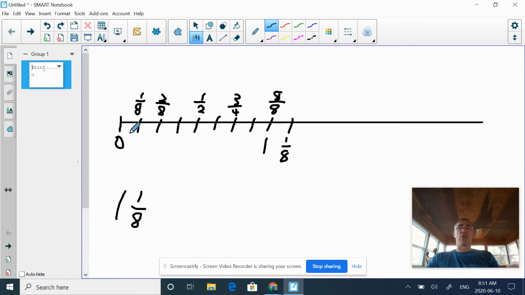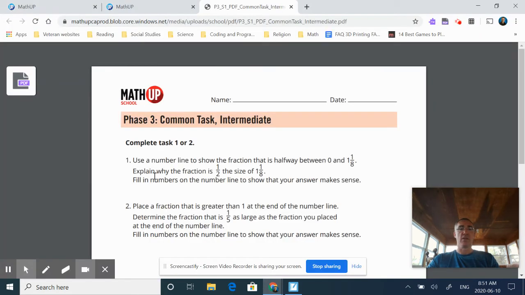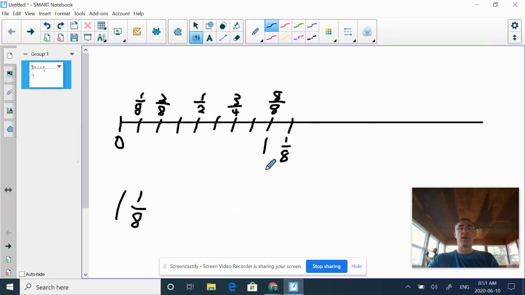And this is where I'm going to look at my intervals and try to figure out, okay, what's the halfway point? So if I go back and look at my question here, it says use a number line to show the fraction that is halfway between 0 and 1 1/8 and explain why it's half. And so as I do this, I can count my intervals.